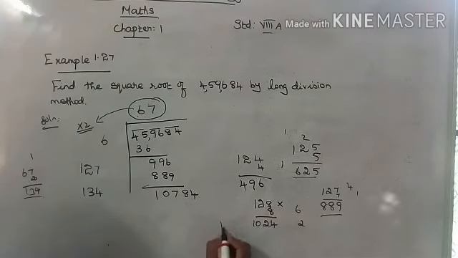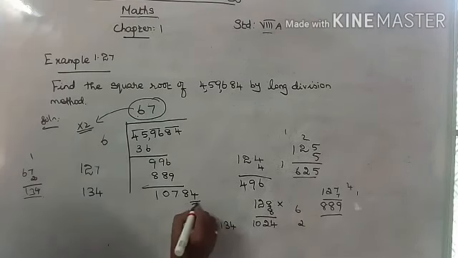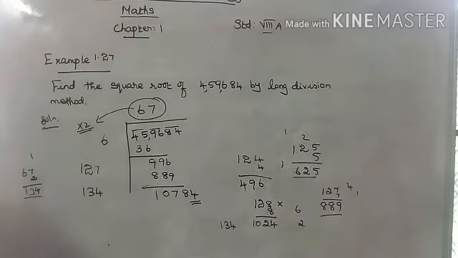So 134. Here also we check the last number 4. 2 2s are 4. Again 8 8s are 64. Take 8. 8 8s are 64, 6, 8 4s are 32, 32 plus 6, 38, 3 balance, 8 3s are 24, 24 plus 3, 27, 2 balance, 1 8 is 8, 8 plus 2, we get the same number.